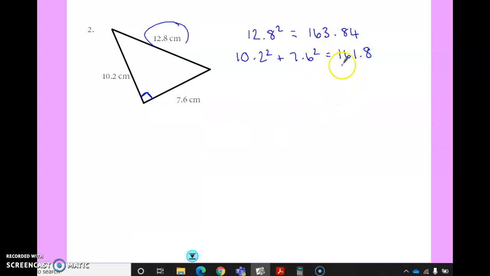This time they're not the same, they're not equal. That means it's not a right angled triangle.